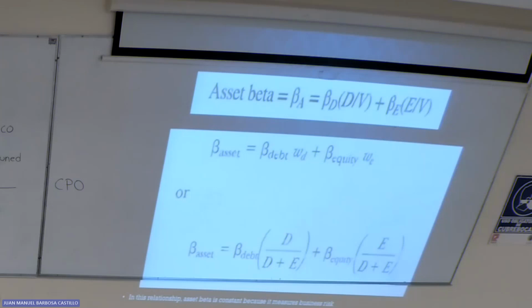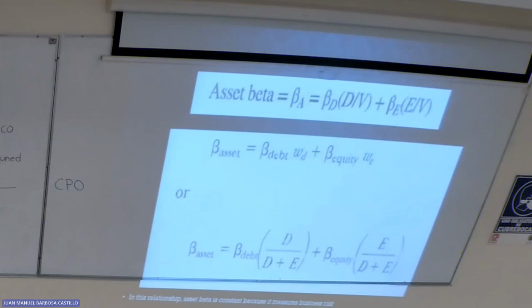What if CETES reached 12%? What if CETES dropped to 8%? What happens to my risk? It does not change.